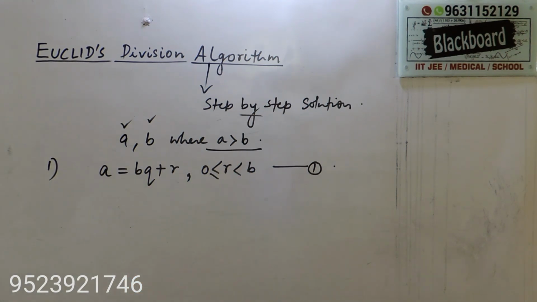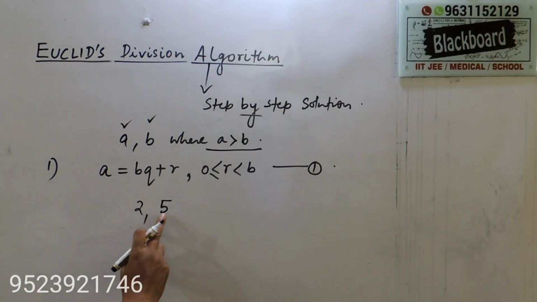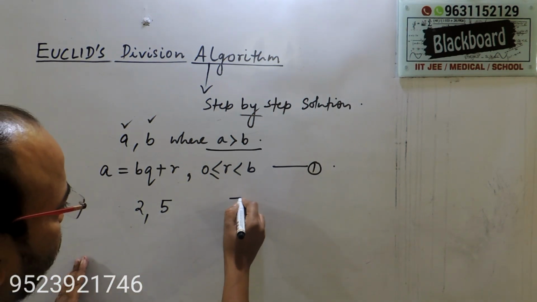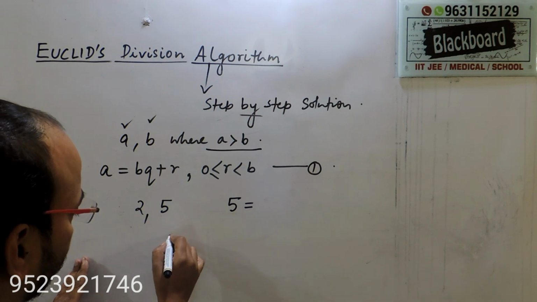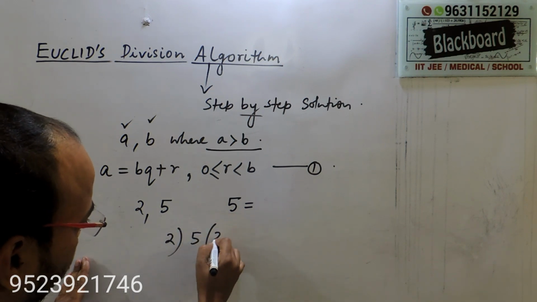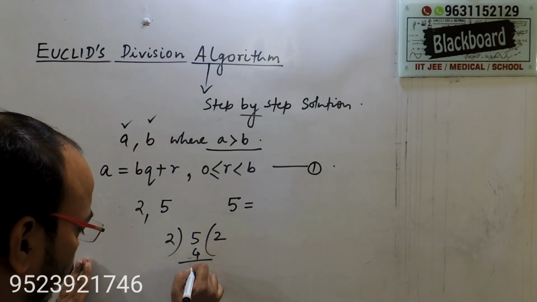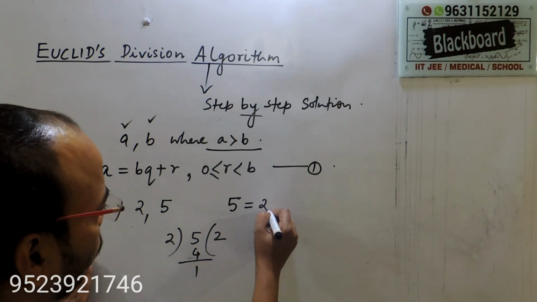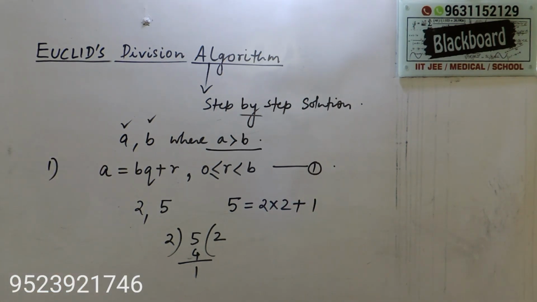मान लिया कोई नंबर दिया हुआ है आपके पास, फॉर एग्जाम्पल 2 and 5. Here number 5 is greater than 2 and you have to find the HCF of 2 and 5. तो इसके लिए हम क्या करेंगे, you have to write 5 is equal to, 5 को हम इस ऐसे लिखेंगे, तो इसको डिवाइड कर देते हैं. दैट मीन्स 2 2 जा 4. तो ये माइनस किया, तो इसको हम लिखेंगे 2 into 2 plus 1. तो हम इसको इस तरह से लिख सकते हैं.